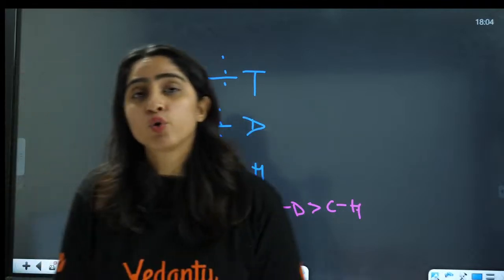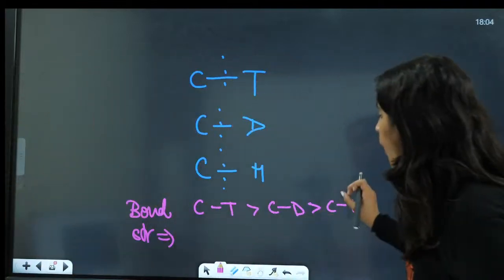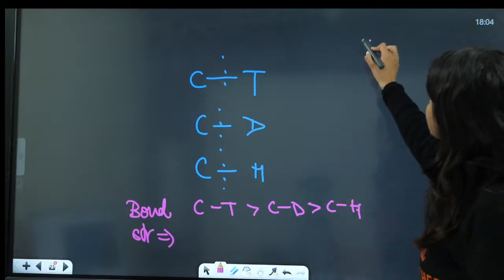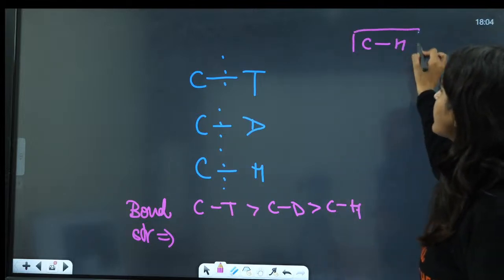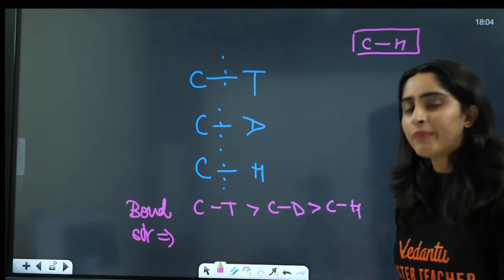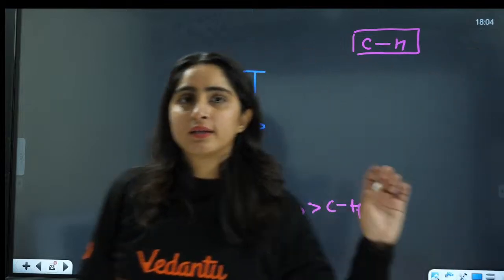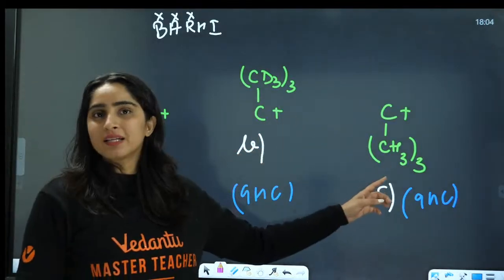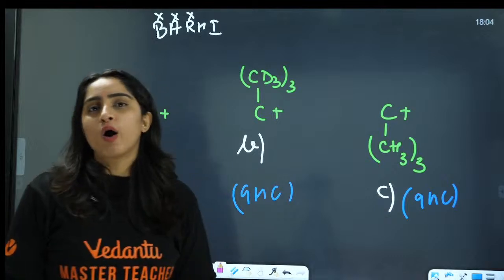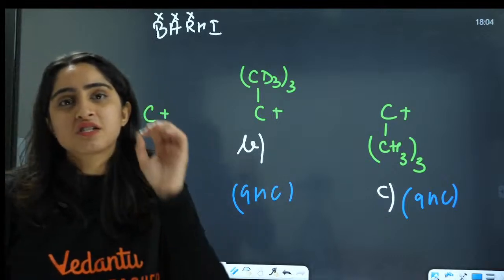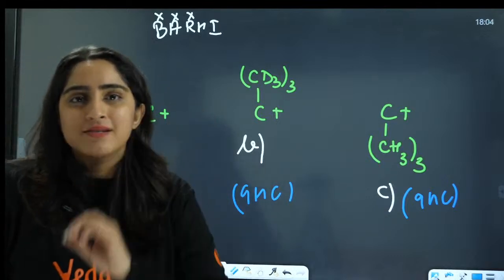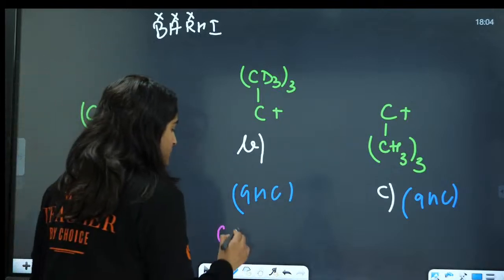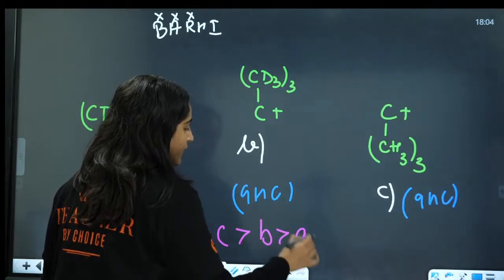Now, if you have to break the bond, which bond will be broken most easily? The CH bond is the easiest to break. That means the hyperconjugation structure involving breakage of the CH bond will be formed the fastest. So in this case C is more stable than B, then A.